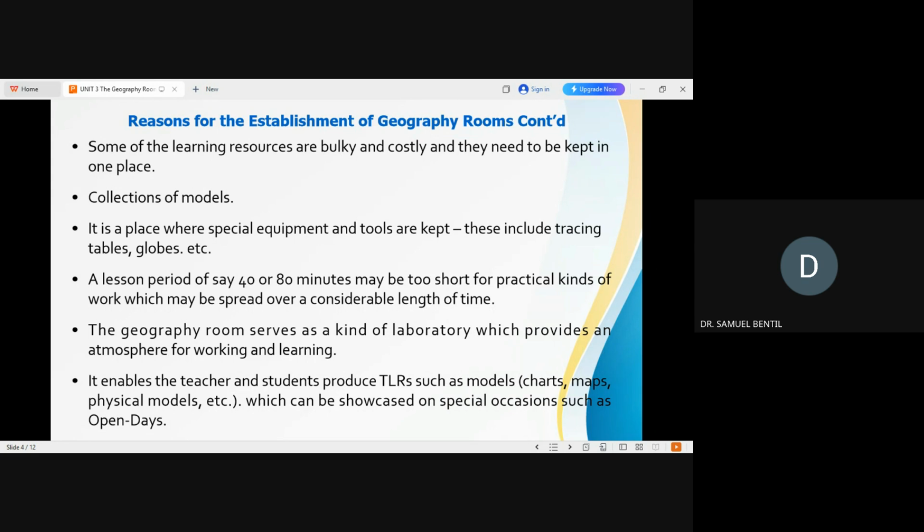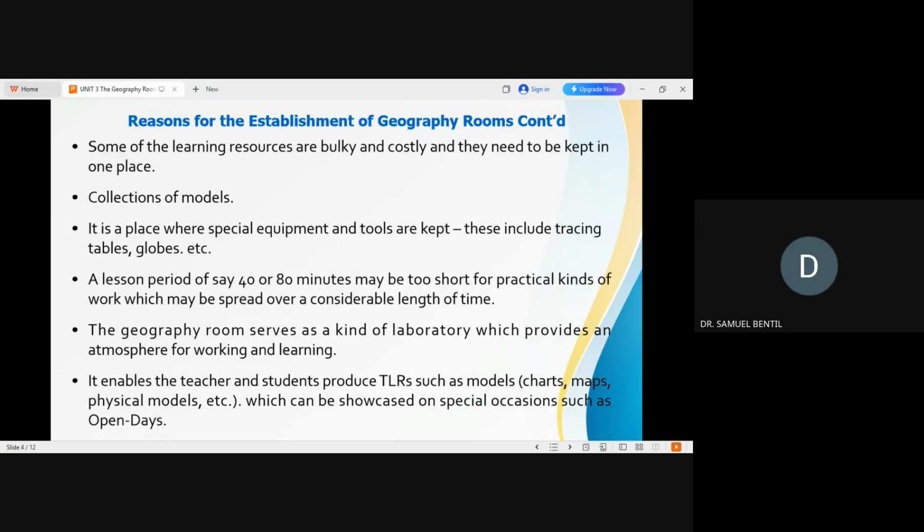It also enables the teacher and student to produce teaching and learning resources such as models, charts, maps, and physical models, which can be showcased on special occasions in our schools like open days or speech and prize giving days, because these things cannot be done in the classroom or library or whatever resource center.